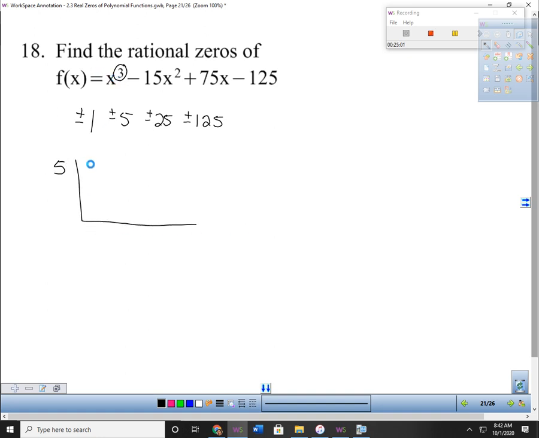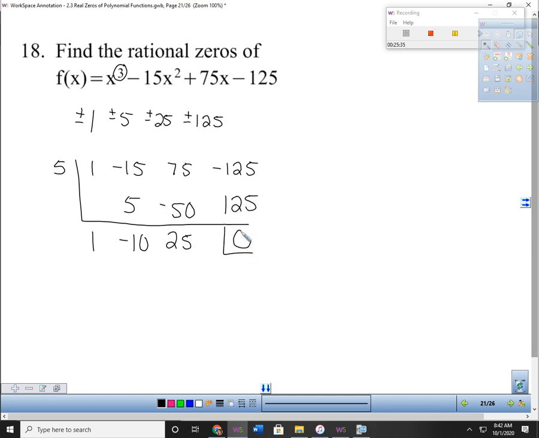So I have x to the third, that's 1, negative 15 in front of my x squared, 75 in front of my x, and then negative 125. So drop the 1, times 5 is 5, plus a negative 15 is negative 10, times 5 is negative 50, plus 75 is a positive 25, times 5 is 125, which gives me a remainder of 0.